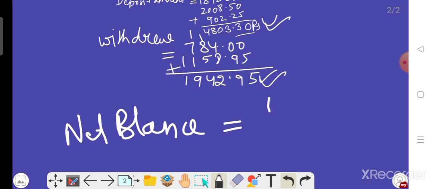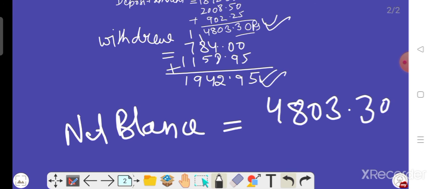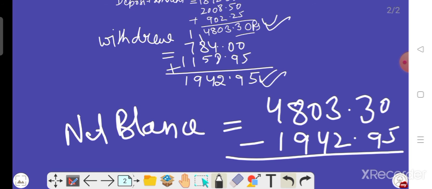Okay, so the net balance is equal to 4803.30 minus 1942.95. Okay, 0 minus 5 is not possible, so we will take carry from 3. After taking carry, 0 will become 10, 10 minus 5 is 5, and after giving carry, 3 will become 2, so 9 is not subtracted from 2, so again we will take carry from the next 3.